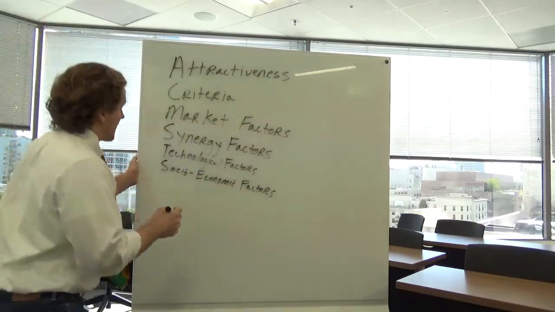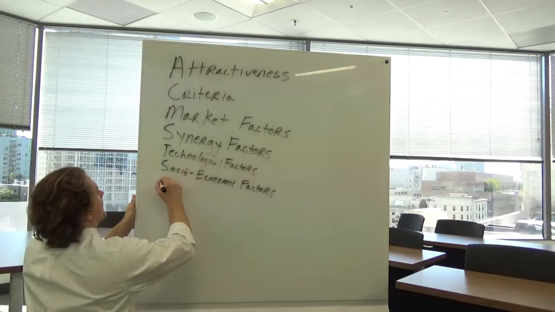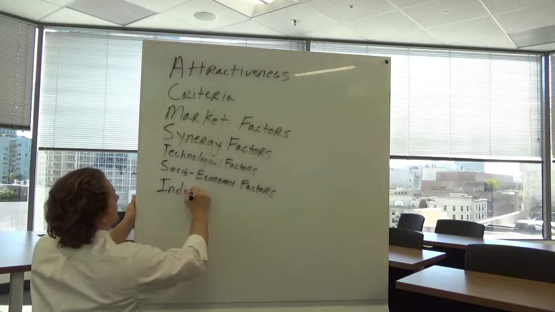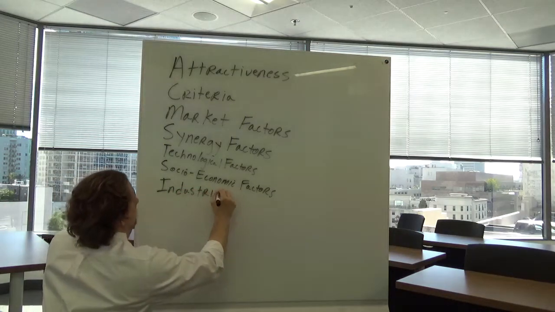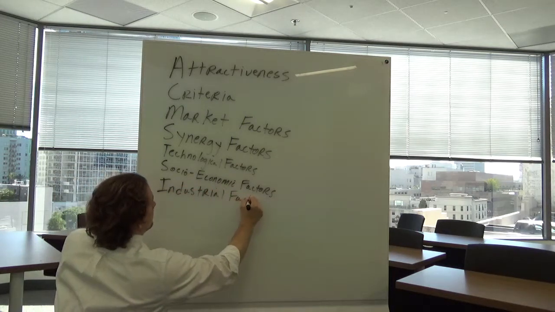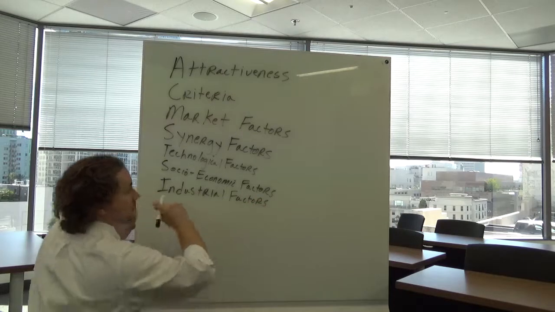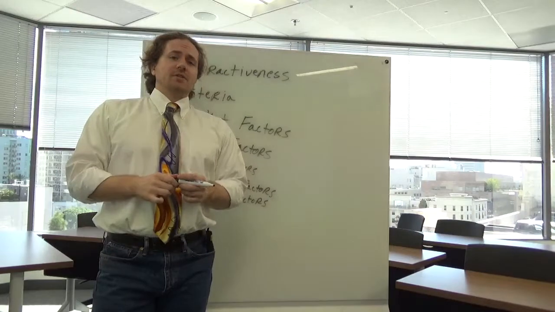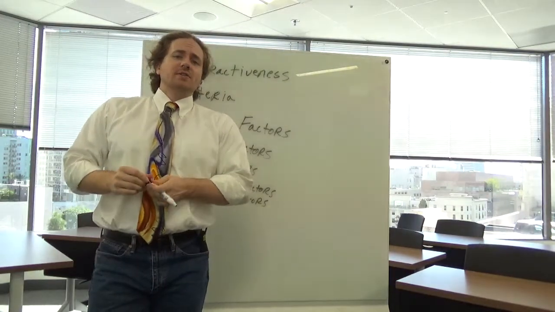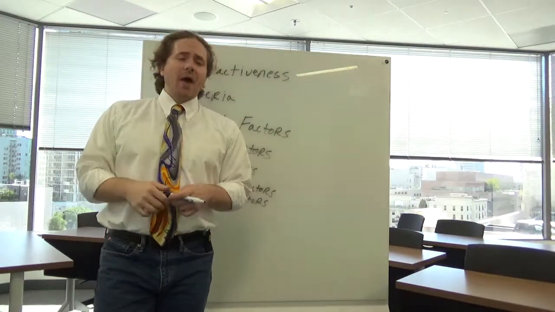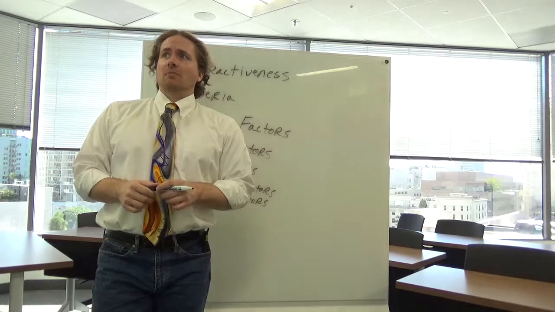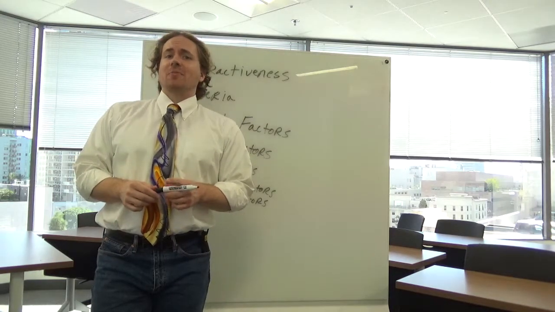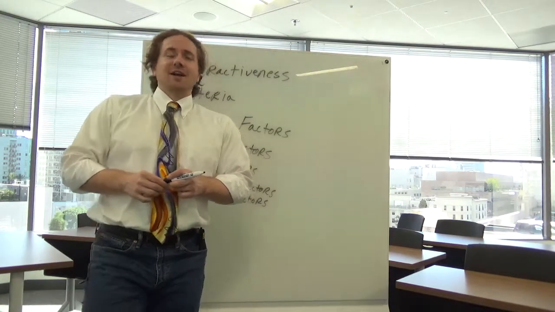You've got industrial factors. Industrial factors include things like scale economies, entry barriers, low risk of substitution, low competitive intensity, low buying power of suppliers and low buying power of clients.